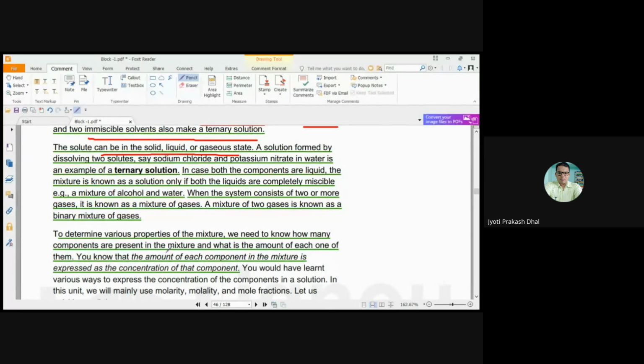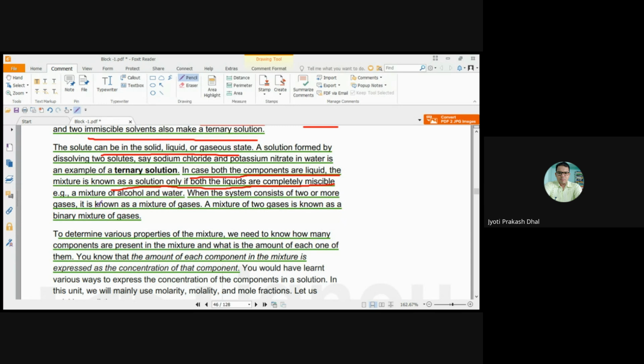A solution formed by dissolving two solutes, for example sodium chloride and potassium nitrate in water, is an example of a ternary solution. That means two solutes and one solvent, so a three component system. That's why it is called a ternary solution. In case both the components are liquid, the mixture is known as a solution if both the liquids are completely miscible.